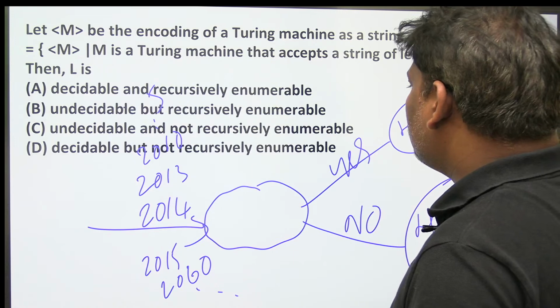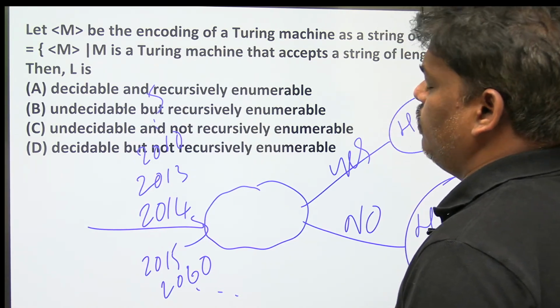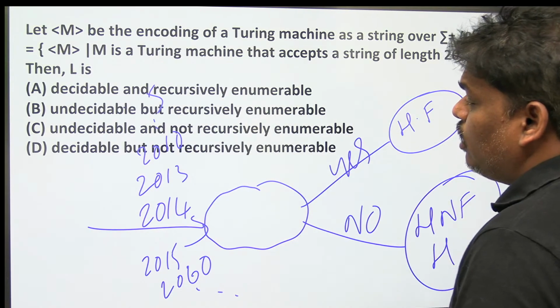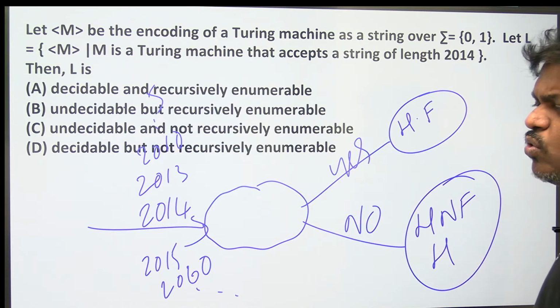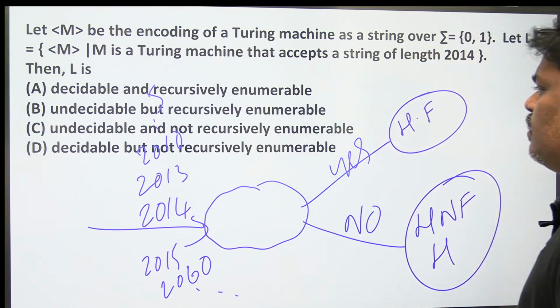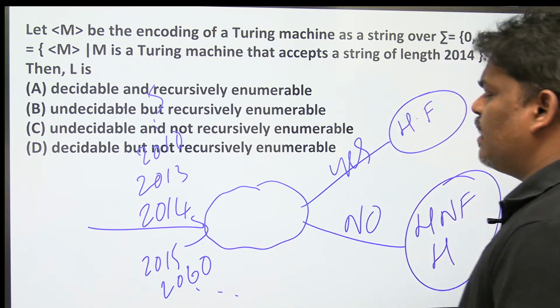Suppose yes has no hanging, but no has hanging, that is called recursively enumerable. Suppose that for yes also and no also, in both the places hanging is possible, that is going to be undecidable.